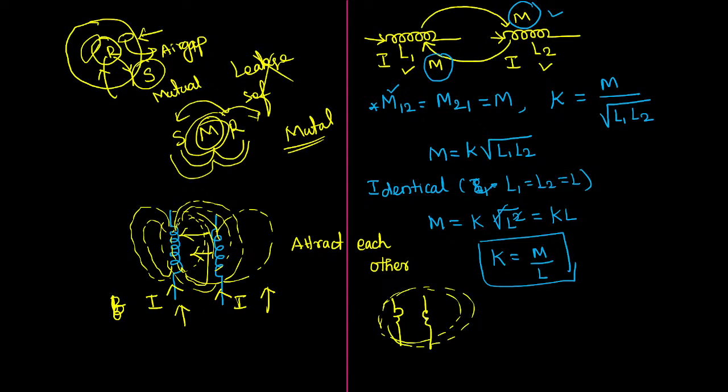So attraction will be happening. This coil will attract this one, and this coil will attract this one. This is called the attraction force. Whenever we pass the current in the same direction, the magnetic flux created by these two coils tries to attract each other, so a complete attractive line will exist between them.